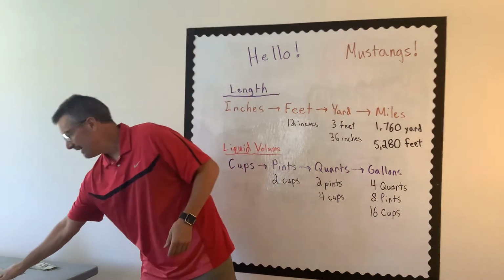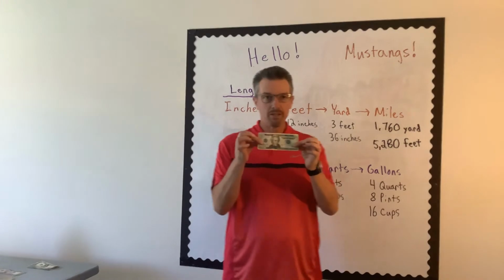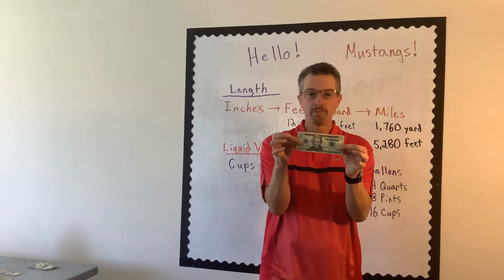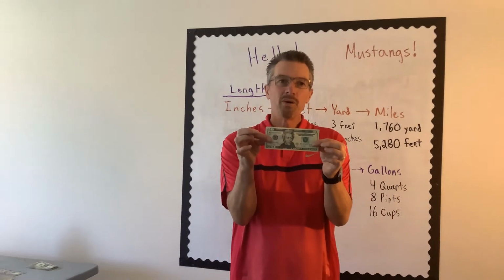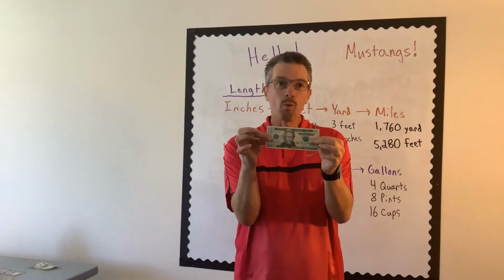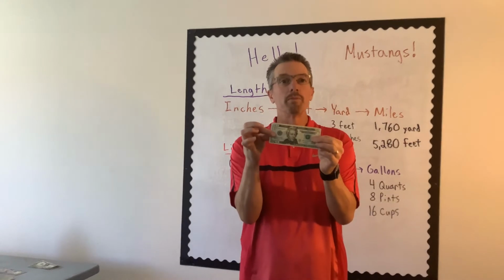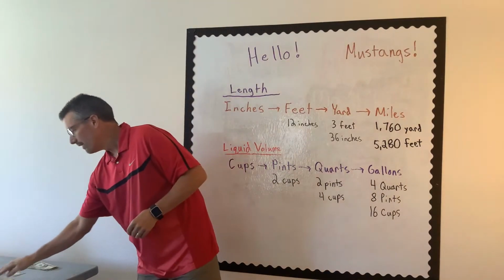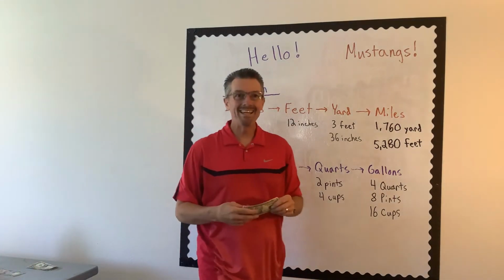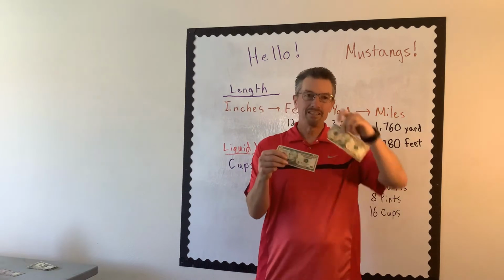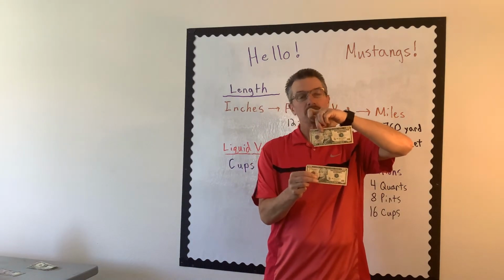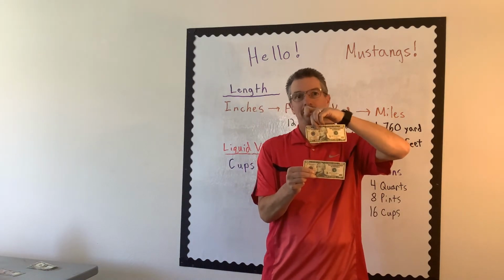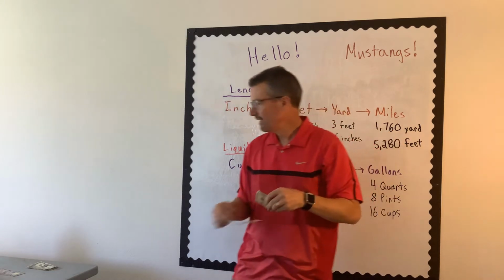If I had a $20 bill, which I do right here, and I asked you, could you convert this $20 bill into $10 bills? You could easily do that because you know that one $20 bill is two $10 bills, and you just converted the 20 by making change into two tens.